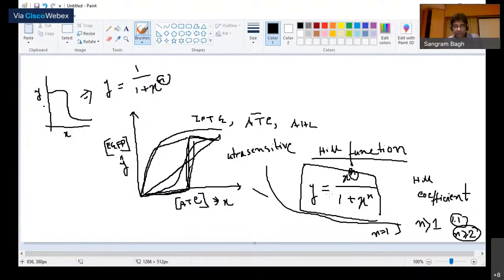I will come to what kind of equation, but the general nature looks like that. You fit the equation and try to find out if your n is more than 1. If it is 1, you are good. So now you have a circuit which is probably ultra sensitive or digital, and you start using it in a different way. That's how synthetic biology starts modeling these kinds of things.